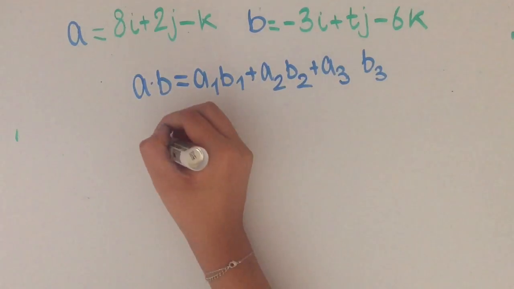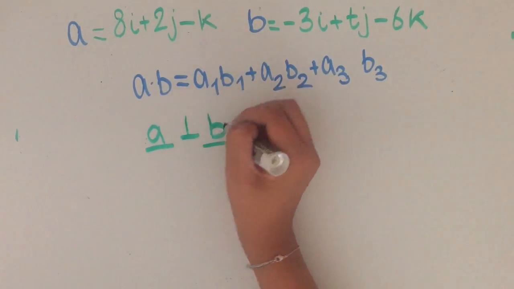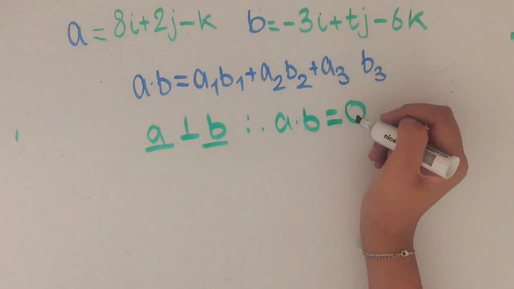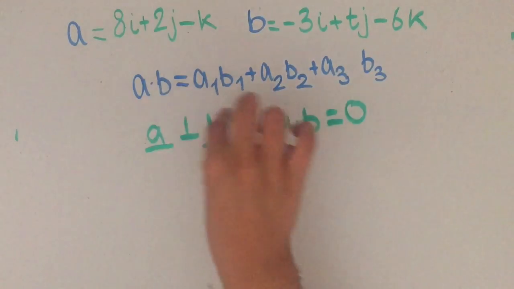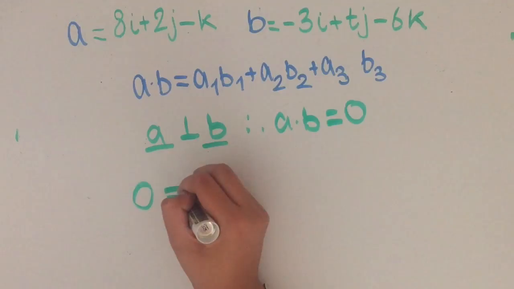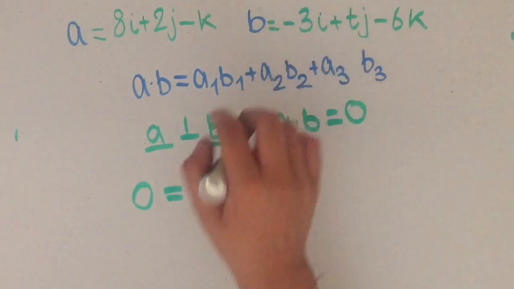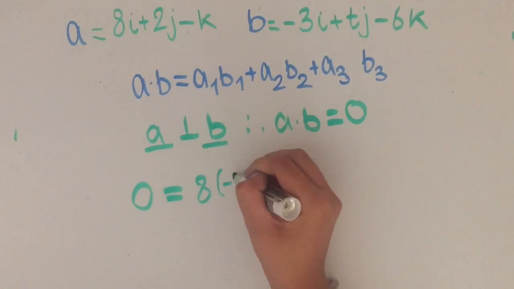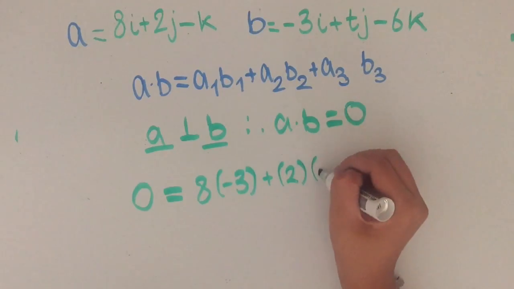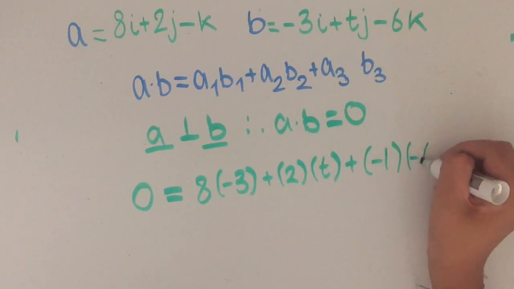As I have stated previously, the vector A is perpendicular to the vector B. Therefore, A dot B is equal to 0. Using this information, substitute this into the formula. 0 is equal to A1 multiplied by B1, 8 multiplied by -3, plus 2 multiplied by T, plus -1 multiplied by -6.